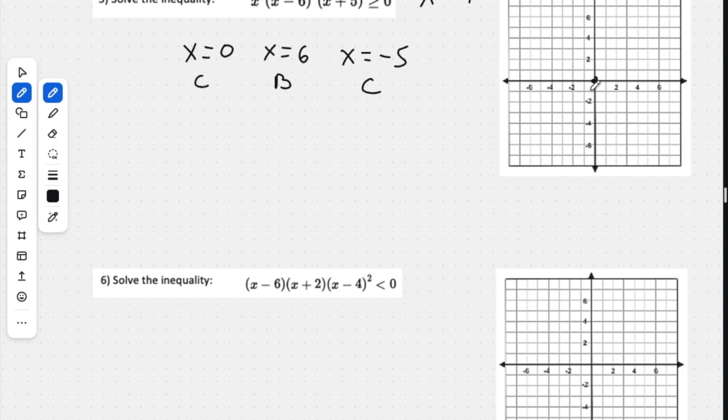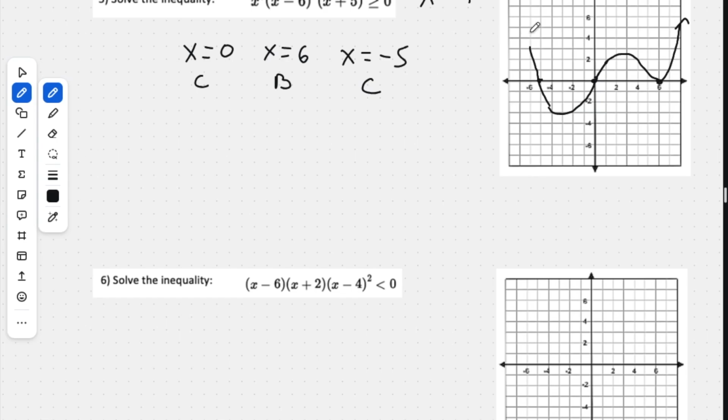So we got a 0 at 0, we got a 0 at 6, and we have a 0 at -5. And then, let's see, we're going to come in from the top, and at -5, we are crossing. We're going to come back and cross on that 0, and then we're going to bounce off of the 6.